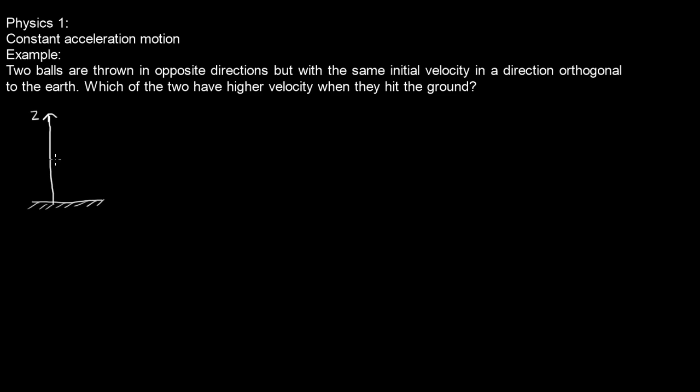So let's say the two balls are originally here. One is thrown upward, one is thrown downward, and they both have initial velocity v0, but with different directions. So one is positive, one is negative.